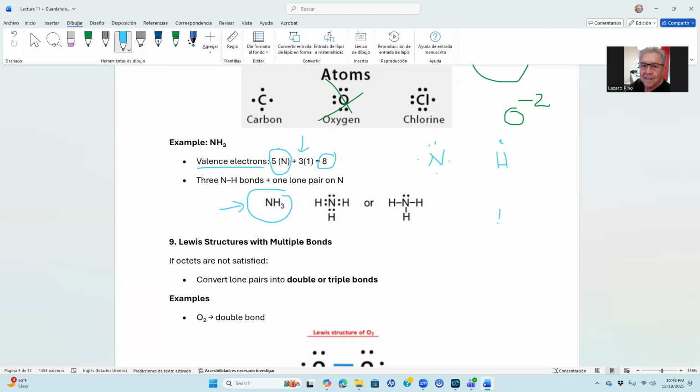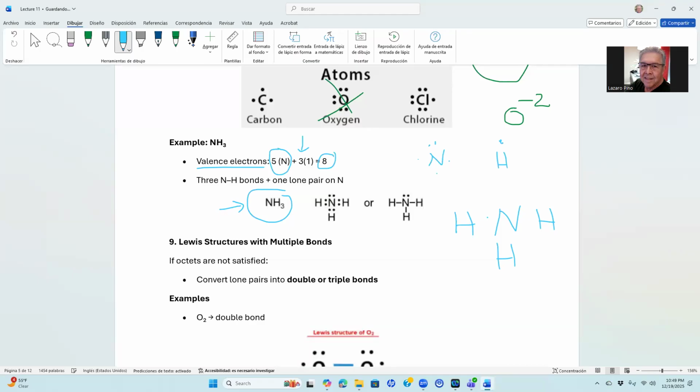Then we put the most electronegative atom in the center, and then we make a bond with hydrogen, 1 hydrogen here, 1 hydrogen here, and 1 hydrogen here.